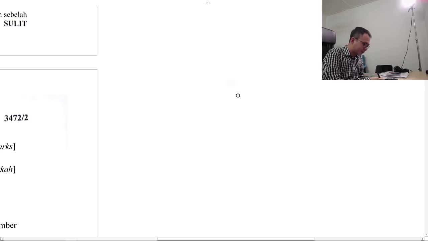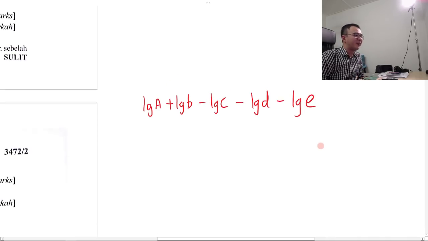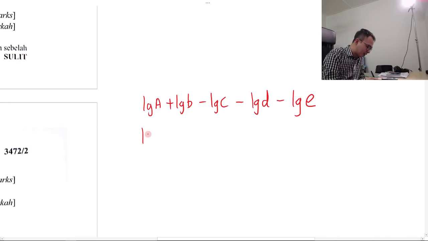Alright, so let's say today I have log A plus log B minus log C minus log D minus log E. Okay, see what happened here. If I factorize out the log, you should know basically I will get a fraction. Whatever plus I will write on the top, whatever minus I will write at the bottom. So therefore A plus B, right?